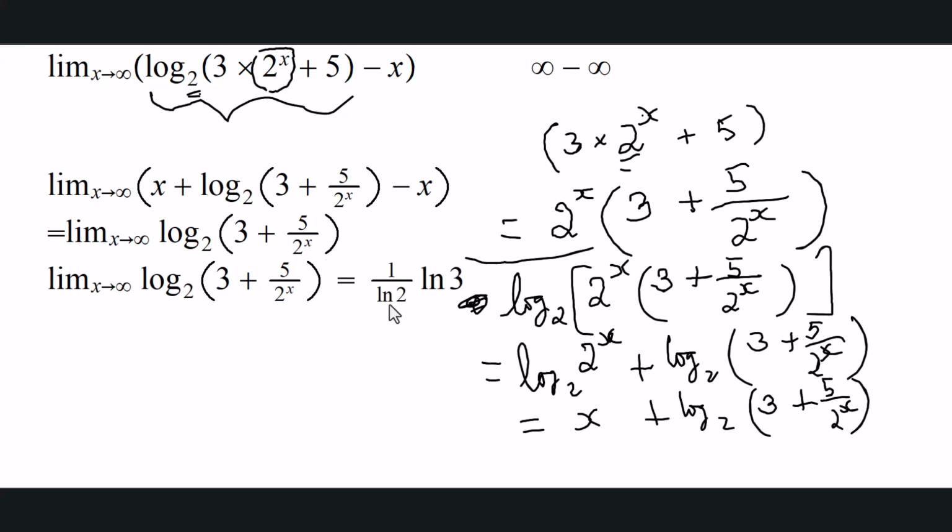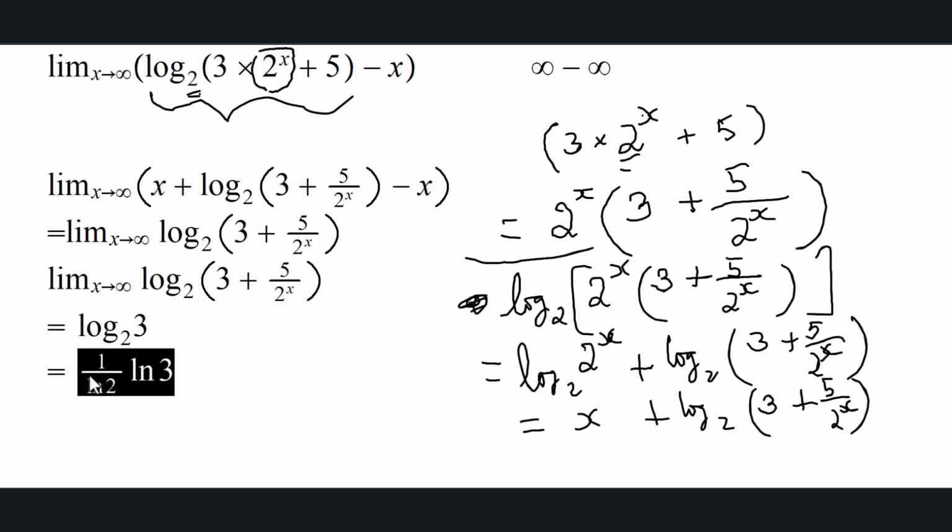It is log of 3 with base 2, but that applied the change of base formula. If we want to write it in terms of logarithms with the same base, I can write it like this, because natural log and common log are the frequently used forms of logarithms.